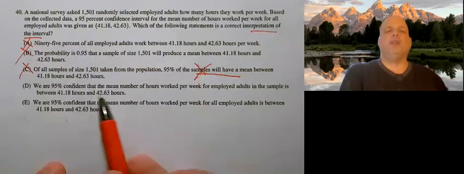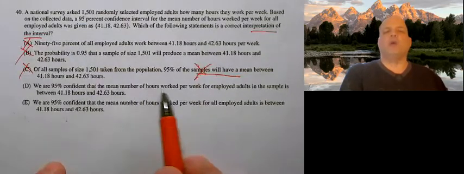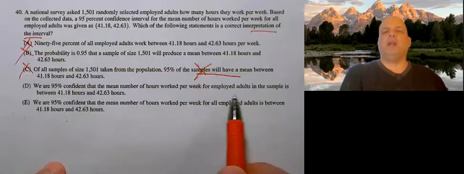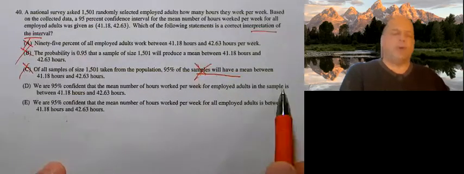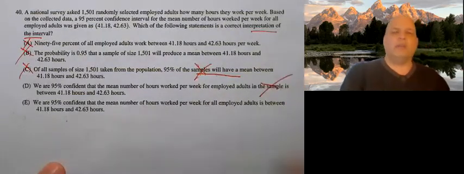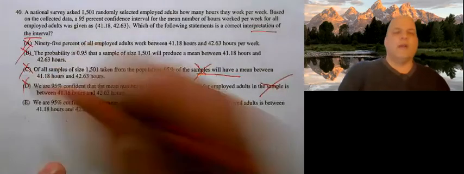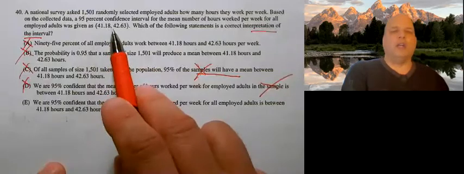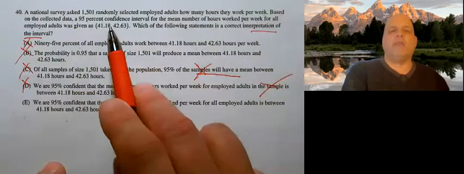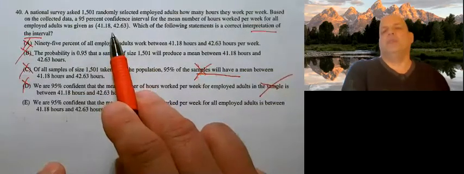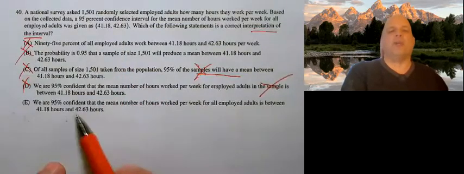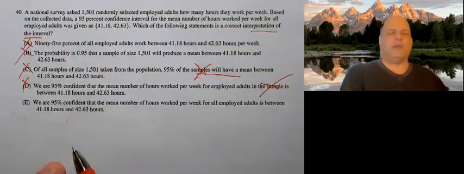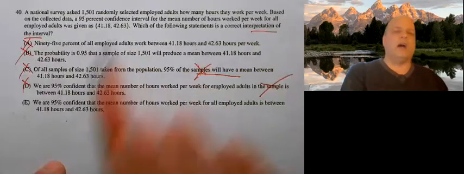We are 95% confident that the mean number of hours worked per day for employed adults in the sample, oops, there's that bad phrase. Matter of fact, we know the x-bar is in the middle of this sample, and whatever that x-bar is, it's the mean amount for the sample. And it will always be in the middle of the confidence interval.